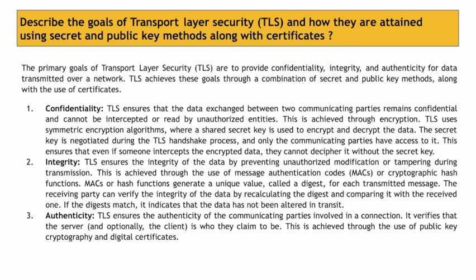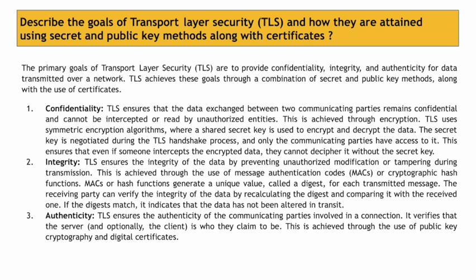certificates. First is confidentiality. Transport Layer Security ensures that the data exchanged between two communicating parties remains confidential and cannot be intercepted or read by unauthorized entities. This is achieved through encryption. TLS uses symmetric encryption algorithms, where a shared secret key is used to encrypt and decrypt the data.